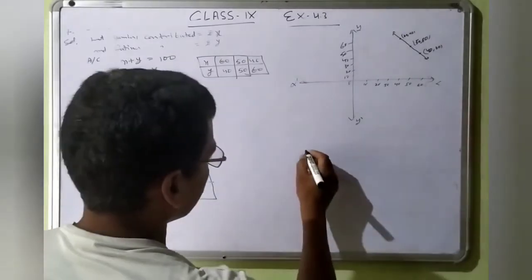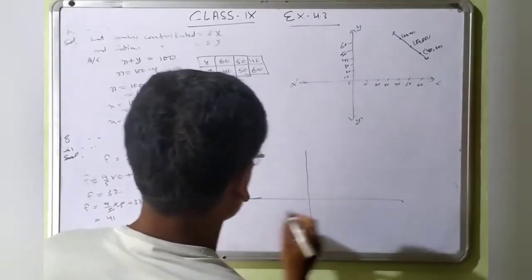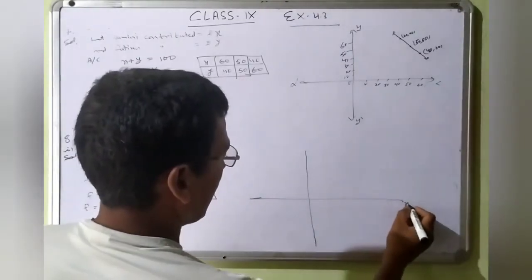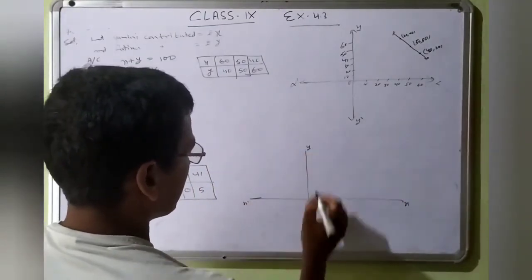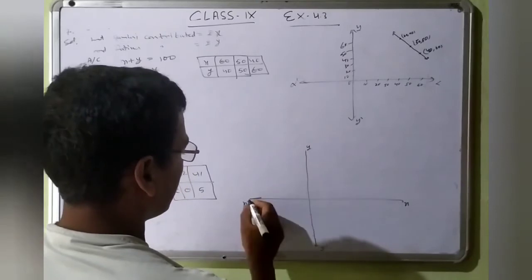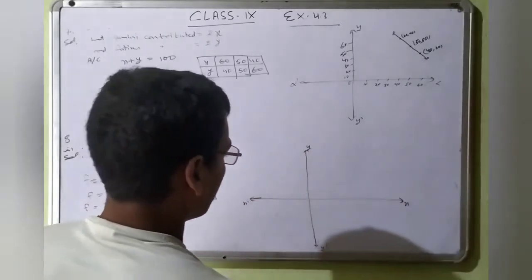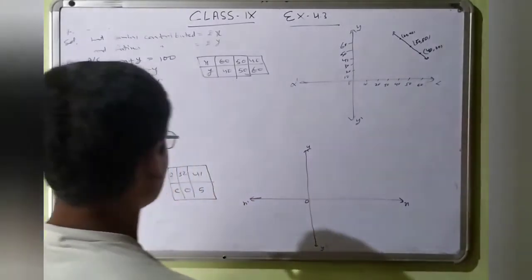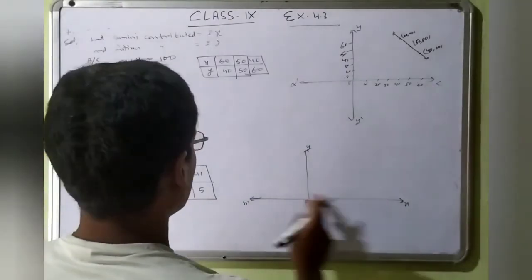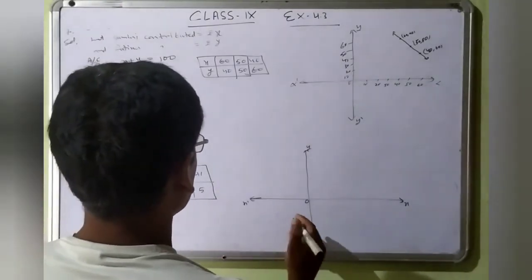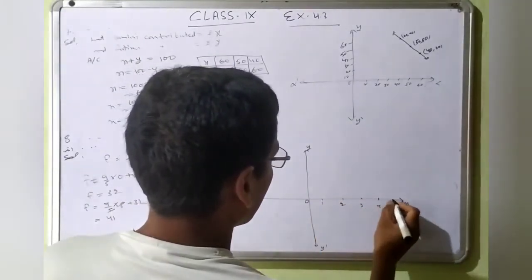Now the graph. That will be the x-axis, or we can write here F, and the y-axis, C. That will be 1, 2, 3, 4, 5.